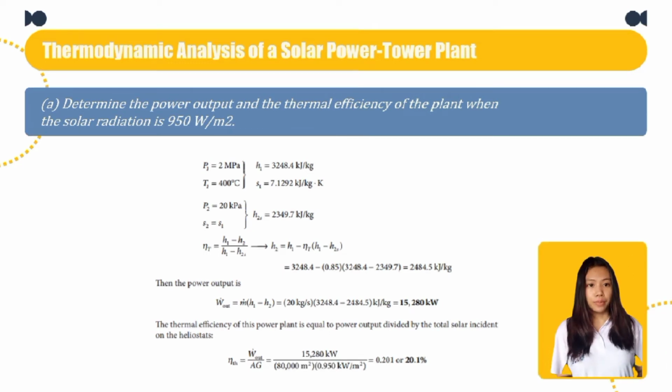We have to remember that the performance of an actual turbine or pump is usually expressed in terms of isentropic efficiency. Isentropic efficiency of a turbine is defined as the ratio of work delivered by the actual turbine to work delivered by an isentropic turbine.